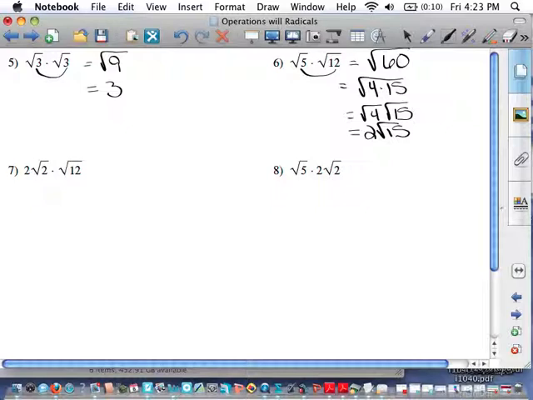question actually adds one more level, and that is that I have a 2 in front. And I haven't had that yet, so what am I going to do with that? Well, I'll multiply the coefficients on the front together. In this case, I only have a 1, so 2 times 1 is 2.